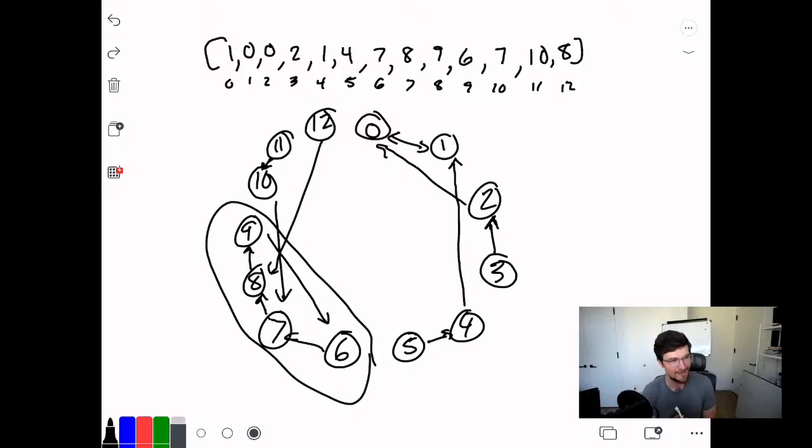The problem is that we have a loop, right? And if we have a loop, then either these are the only people seated at the table, or none of the people seated at the table, right?